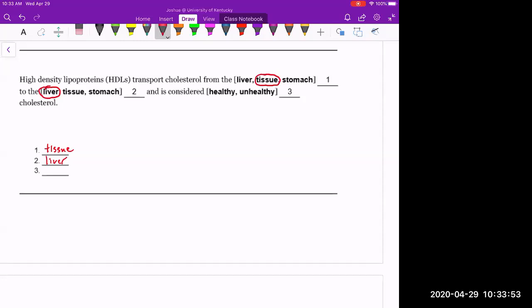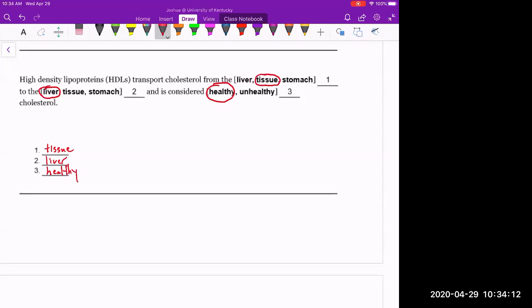And that is considered healthy cholesterol because that is a clearance mechanism. It's a way of clearing and keeping your blood vessels clear from lipid or cholesterol buildup.